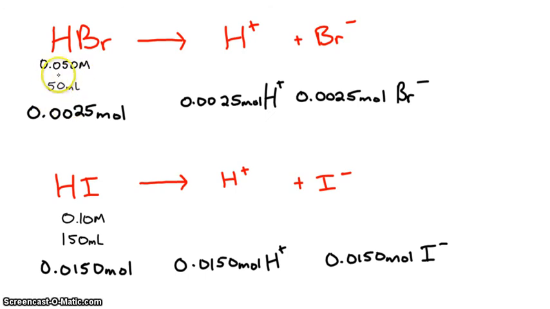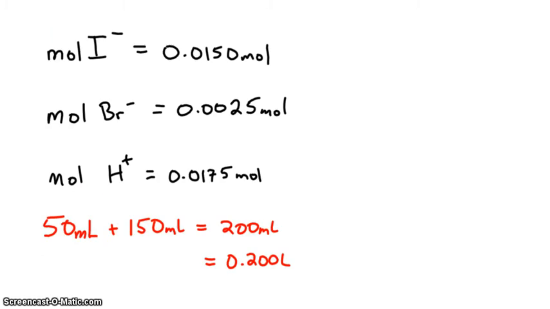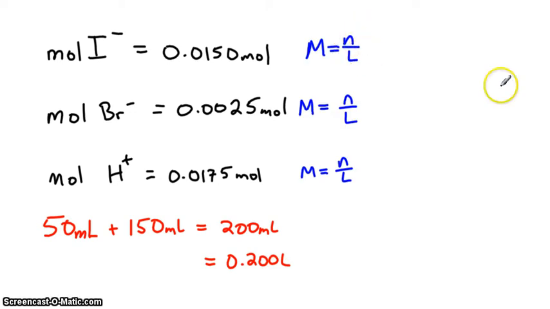50 milliliters of HBr was mixed with 150 milliliters of HI. Adding up the volumes of the solutions, 200 milliliters or 0.2 liters. To determine concentration, we need the equation molarity equals moles per liter.